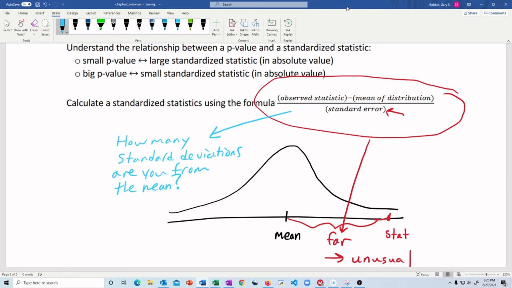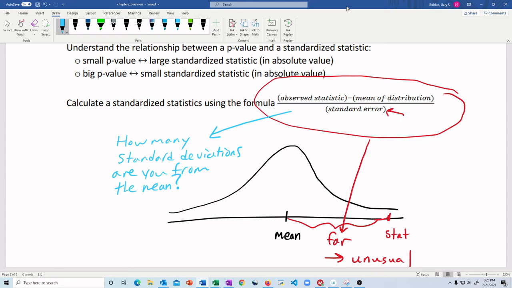So instead of calculating 1, 2 standard deviations out and then bringing our statistic in and trying to figure out where that goes, we don't do that. I'm just going to ask, how many standard deviations am I away? If I'm more than 2, unusual. If I'm inside that 2 range, usual.